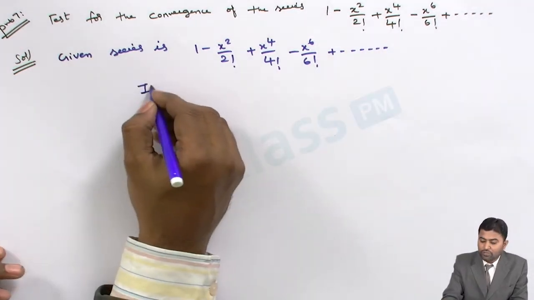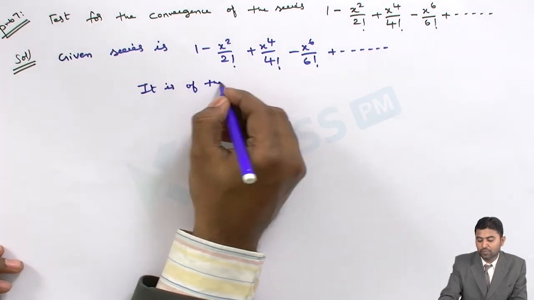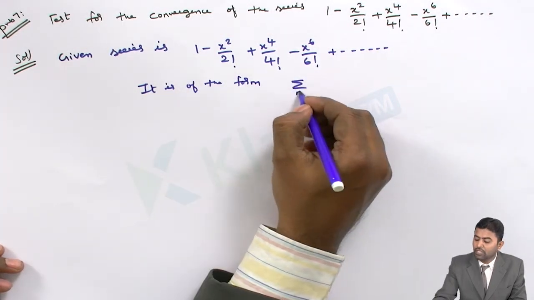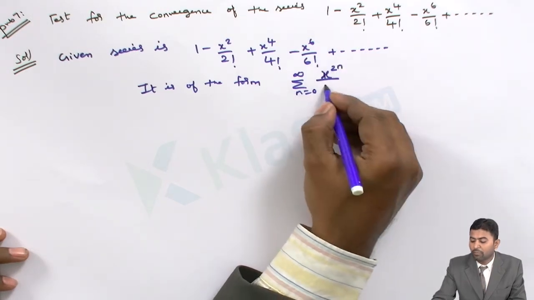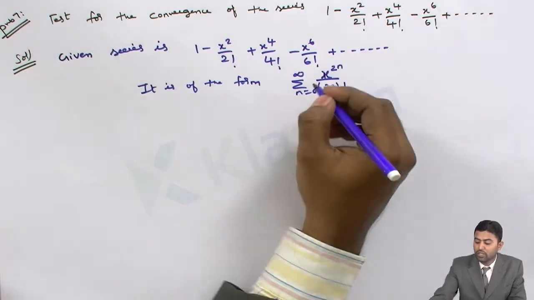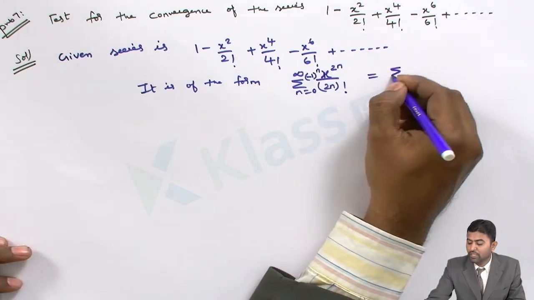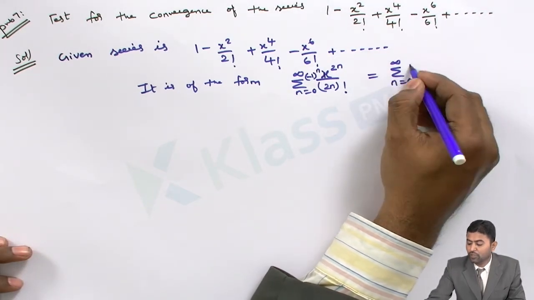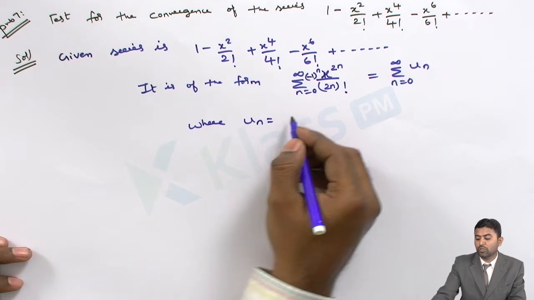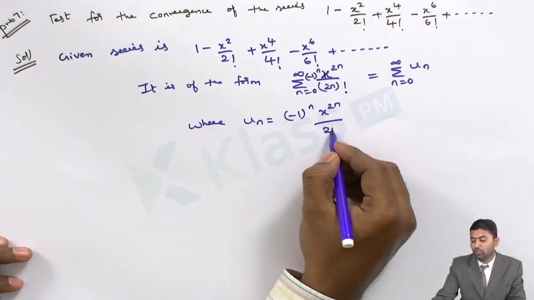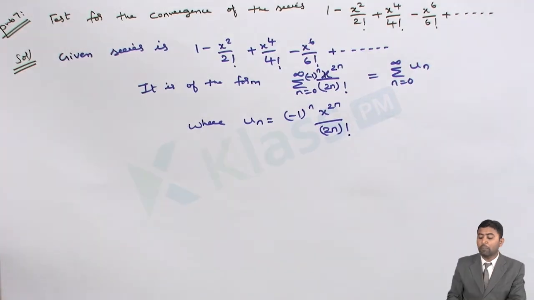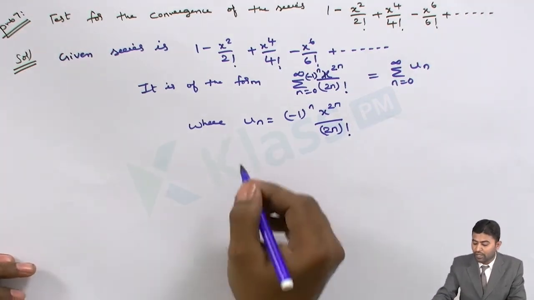It is of the form summation n equal to 0 to infinity un, where un is equal to minus 1 whole power n into x power 2n by 2n factorial. Now apply mod to this so that it gives a positive series.